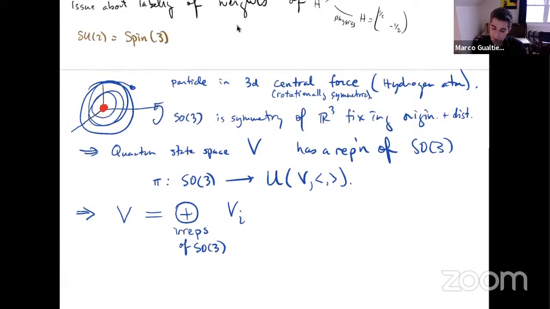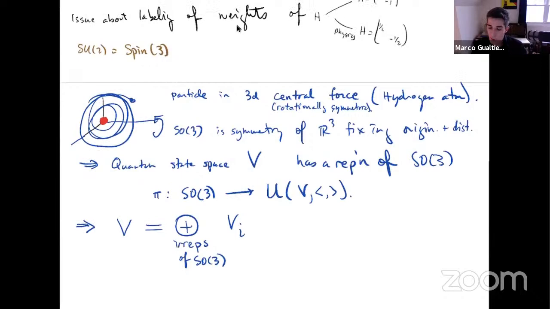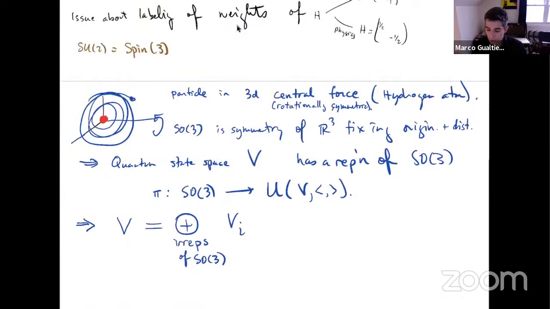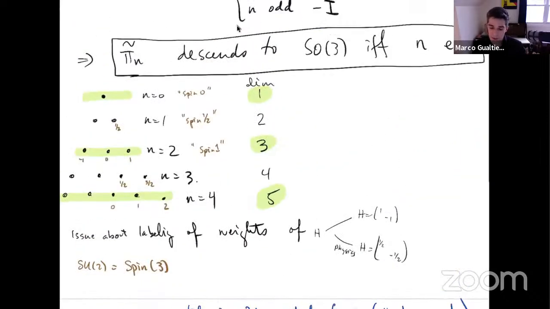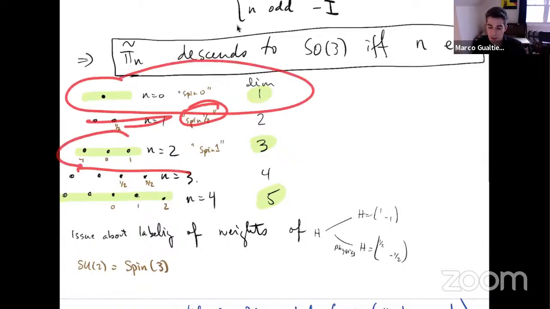And so therefore, what are we going to find? This will be a sum of SU2 irreducible representations of integer spin, i.e. even weight, even highest weight. So in order for the spin to be integer, we need not these, but rather these, dimension 1, 3, and 5.